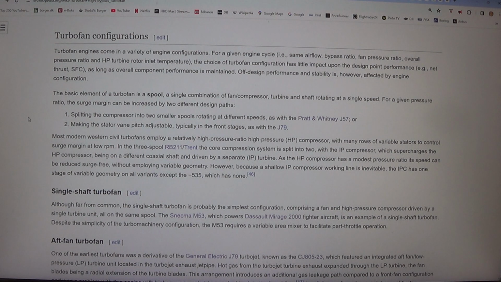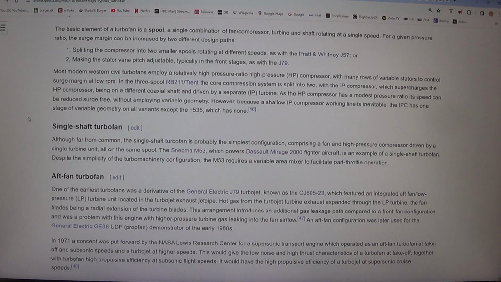One, splitting the compressor into two smaller spools rotating at different speeds, as with the Pratt & Whitney J57, or two, making the stator vane pitch adjustable, typically in the front stages, as with the J79. Most modern Western civil turbofans employ a relatively high pressure ratio high pressure, HP, compressor, with many rows of variable stators to control surge margin at low RPM.